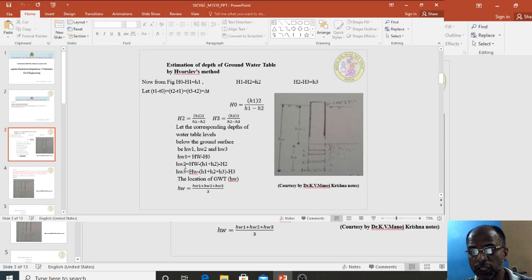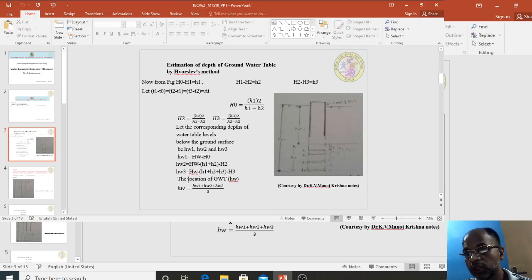Similarly, hw2 is equal to capital HW minus small h1 plus small h2 minus capital H2, where capital H2 is small h2 square divided by h1 minus h2. Similarly, hw3 is equal to capital HW minus h1 minus h2 minus h3 minus capital H3.